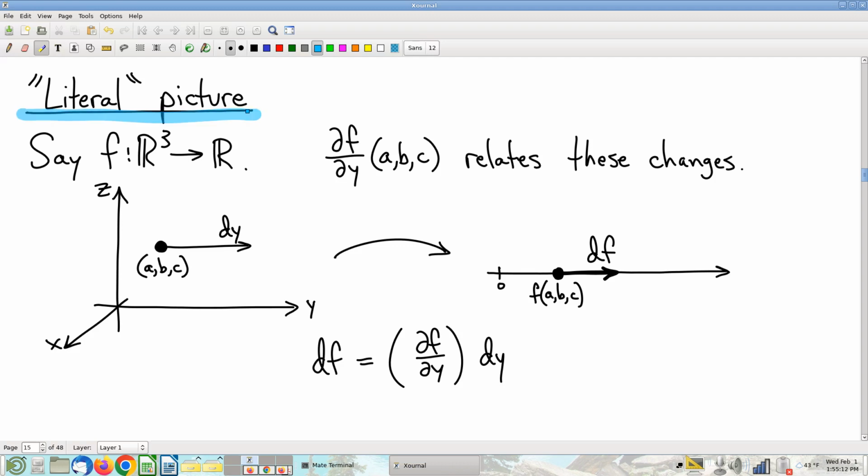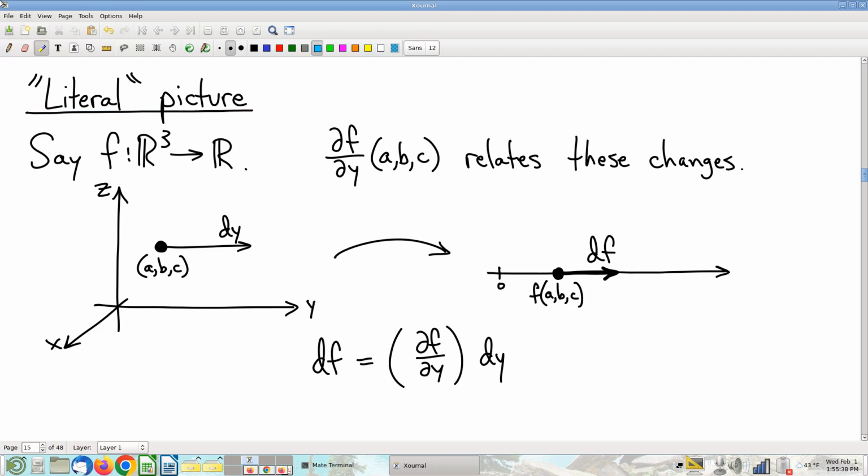What if we're looking at what I call the literal picture that we talked about? In what way would we see the partial derivative on this picture, or at least what does the partial derivative relate to that I can see on this picture? How would I describe partial derivative in this context?